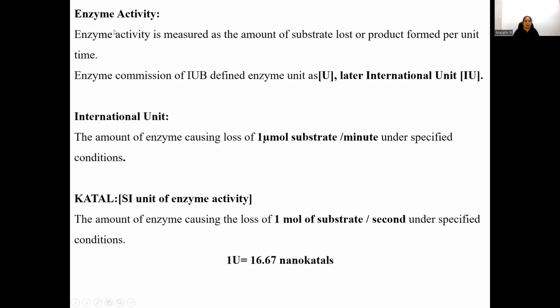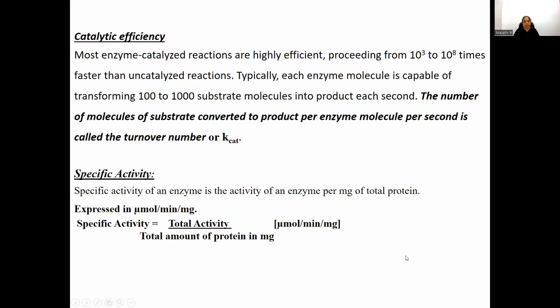When we come to the enzyme unit, most of the time we denote the enzyme unit as IU or U, the international unit. According to the international unit, it is the amount of enzyme causing loss of 1 micromole of substrate per minute under specified conditions, whereas the SI unit of enzyme activity is the katal, which is the amount of enzyme causing the loss of 1 mole of substrate per second under specified conditions. So 1 U is equal to 16.67 nanokatals.